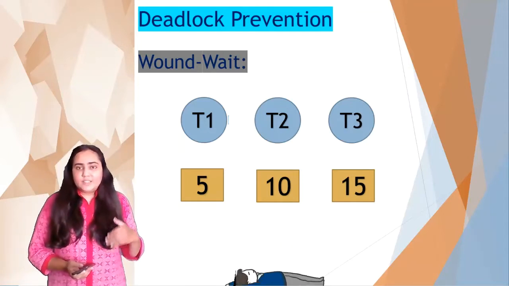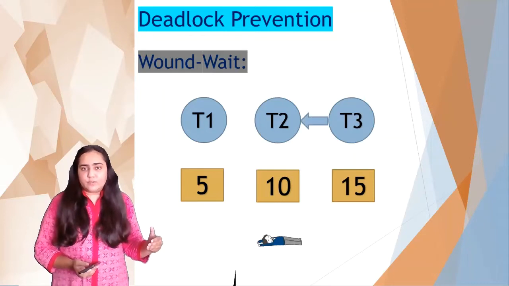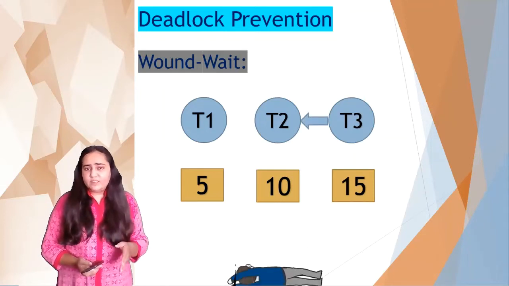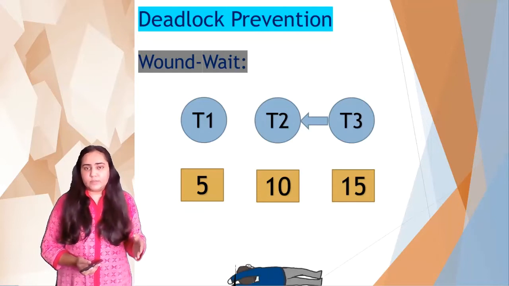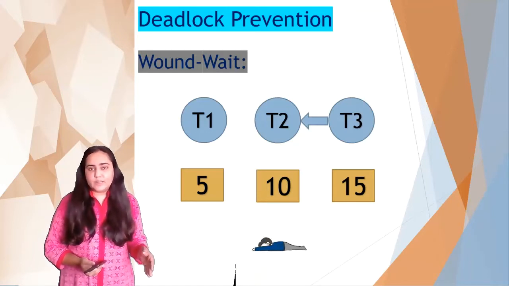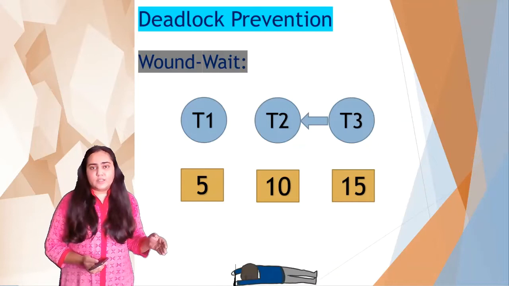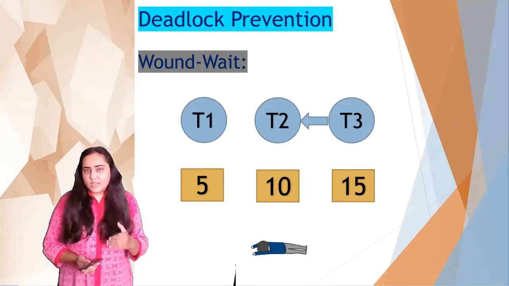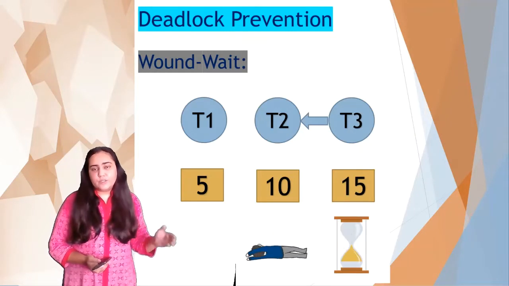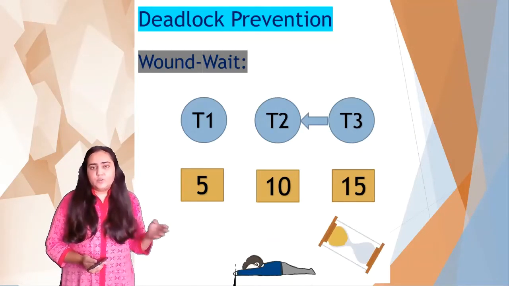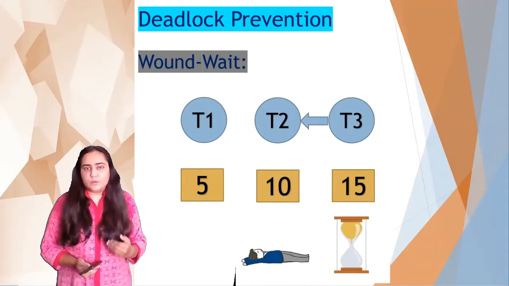Now consider that T3 wants a data item from T2. Now in this case, T3's timestamp is 15, T2's timestamp is 10. So 15 is greater than 10. So in this, the wait part will happen, which means T3 will wait for T2 to finish, and then it will take the data item and do its own task.